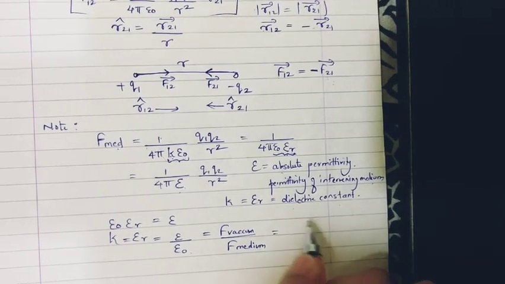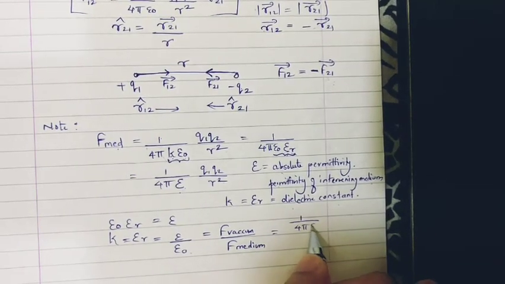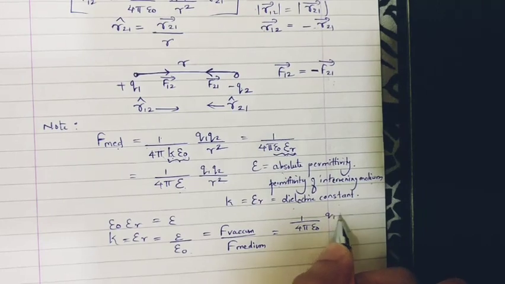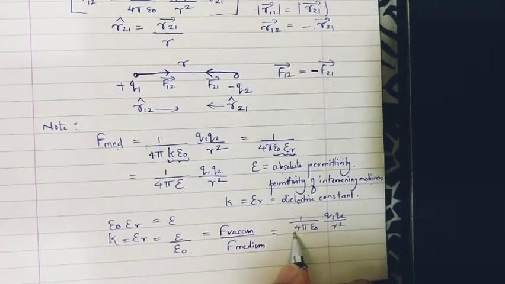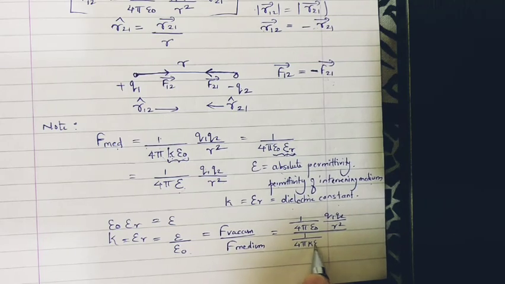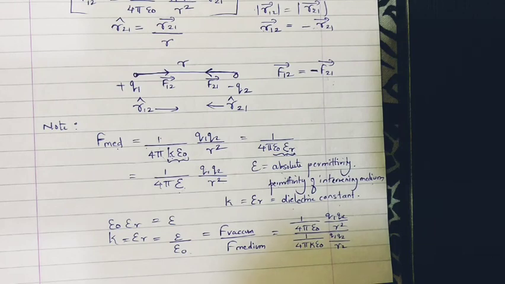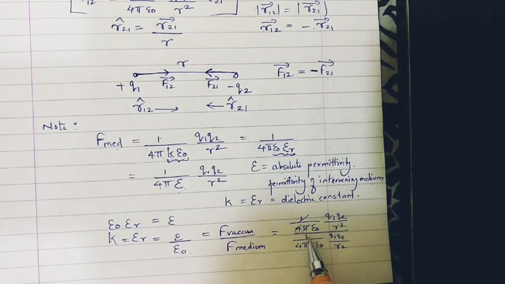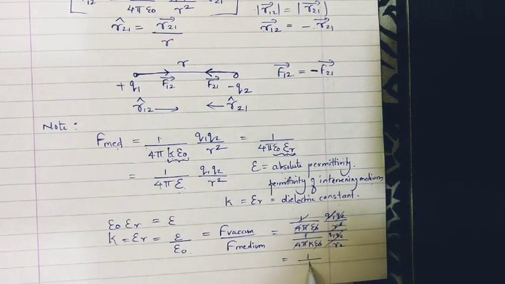F vacuum upon F medium. If you see, the F vacuum formula is what? 1 upon 4 pi epsilon naught Q1 Q2 upon R square. What is F medium? Just now I told you, 1 upon 4 pi k epsilon naught Q1 Q2 upon R square, correct? So 1 upon 4 pi will get cancelled, epsilon naught will get cancelled, Q1 Q2 upon R square will get cancelled, and it will remain as 1 upon k, which will go on top, which is equal to k.